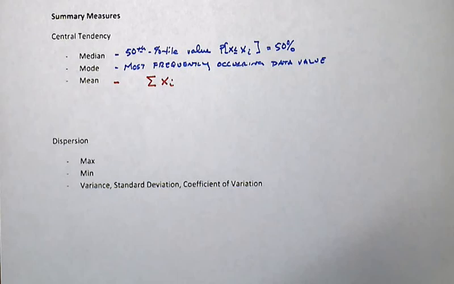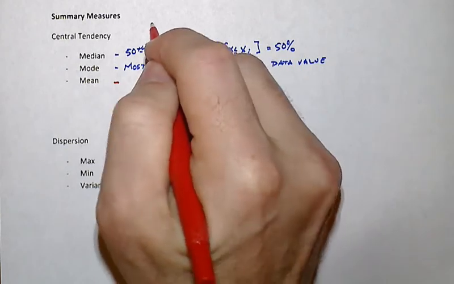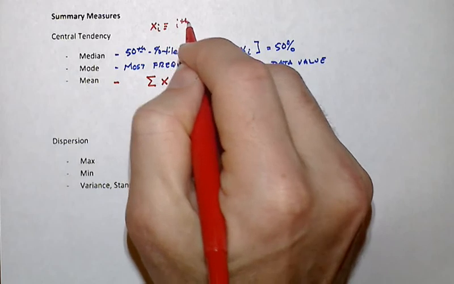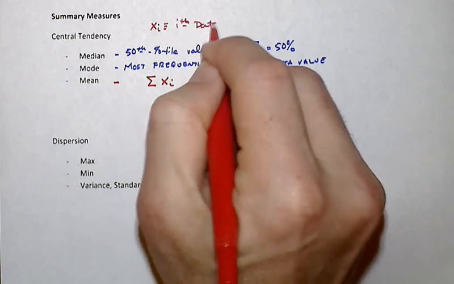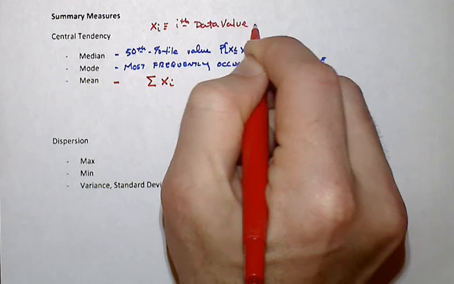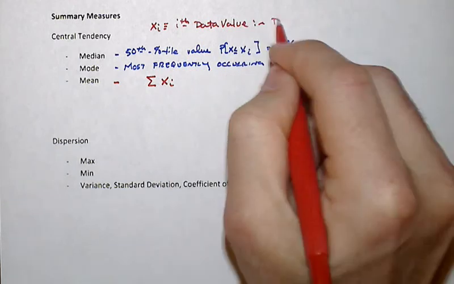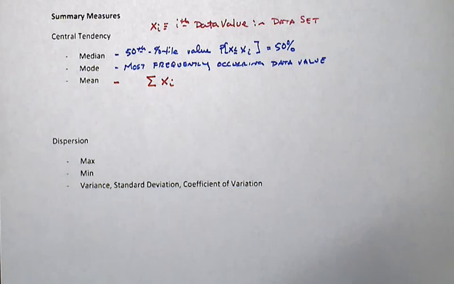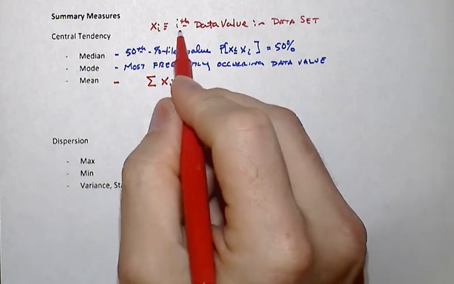Right, so let's be real clear here and go back. Xi is the ith data value in our data set. Right? And it doesn't have to necessarily be ordered or not.